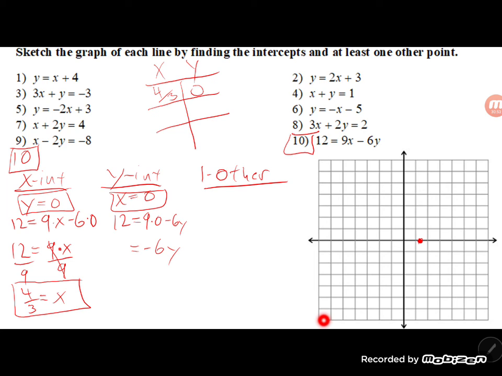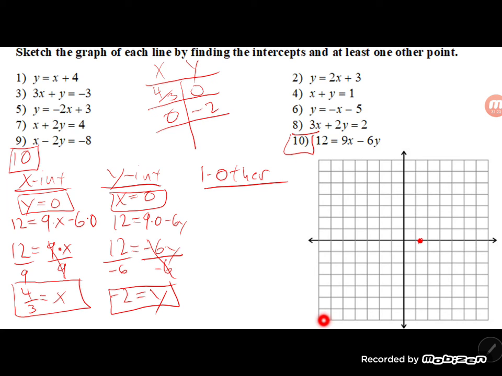And I have negative 6y is equal to 12. So I can now get rid of this negative 6 that's multiplying y by dividing by a negative 6. I divide both sides by negative 6. My negative 6's cancel, and 12 over negative 6 is equal to negative 2. So y is equal to negative 2 when x is equal to 0.